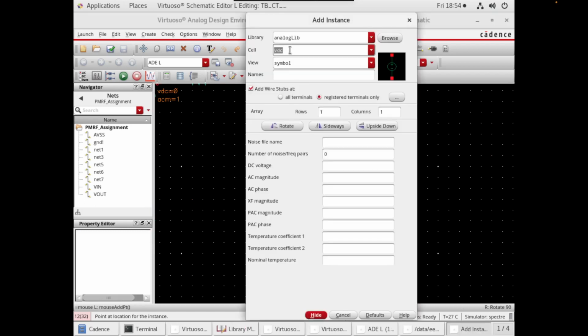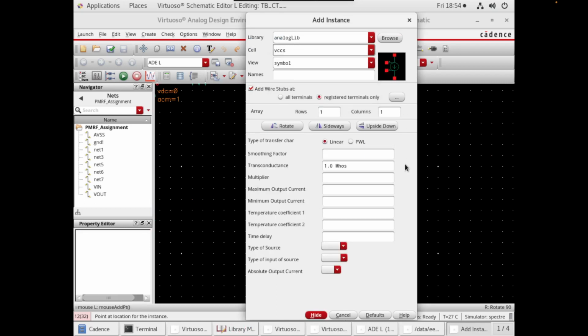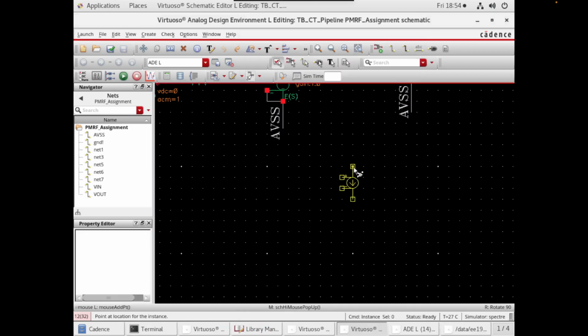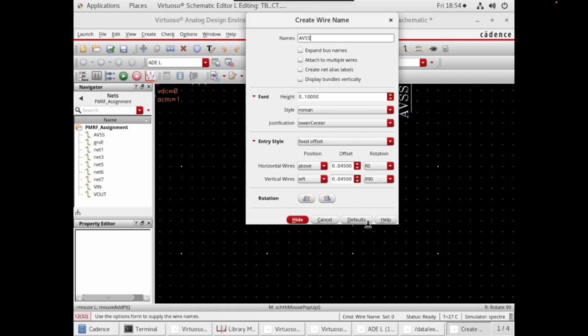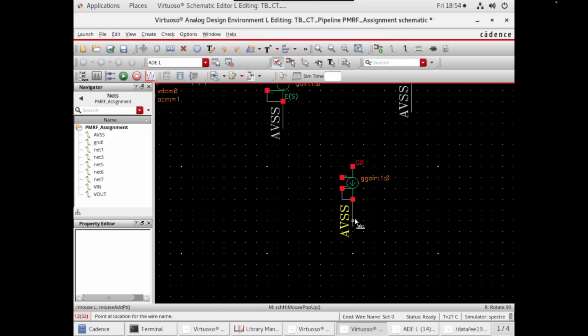What you will do is you will have, let's say, a voltage controlled current source. I will show it on paper first, and then we'll come back to the simulator.